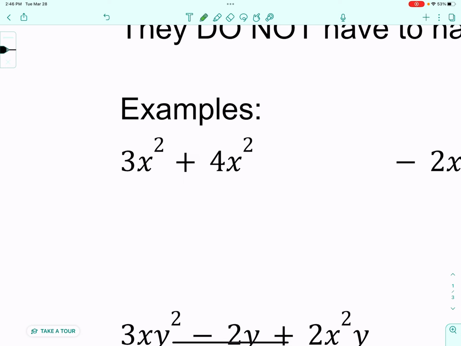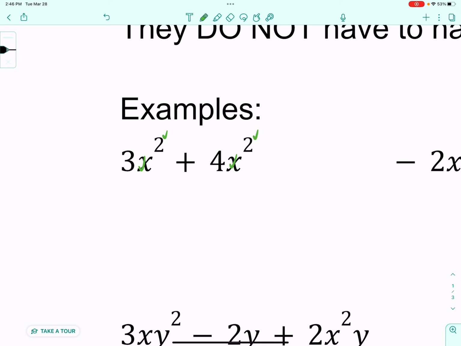On the first one, I need to make sure that my variables match. So I have an x and an x, so that's a really good thing. Then I need to make sure that I have matching exponents on my x's. I have a 3x squared, so I have an exponent of 2, and then I have a 4x squared, another exponent of 2.